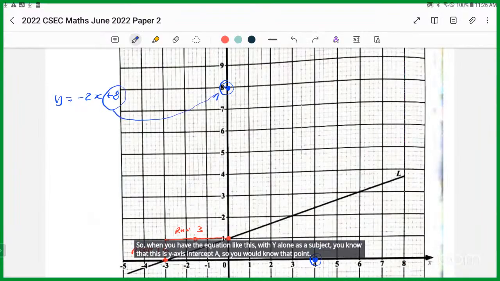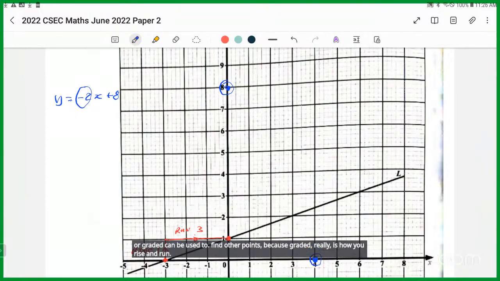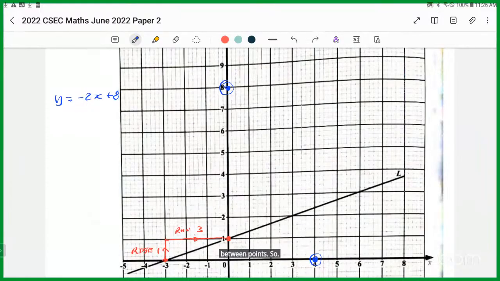Now, the gradient can be used to find other points, because gradient really is the rise and run between points. So for this line, the gradient, the rise over the run, is equal to negative 2. To make it into a fraction, I put it as negative 2 over 1.